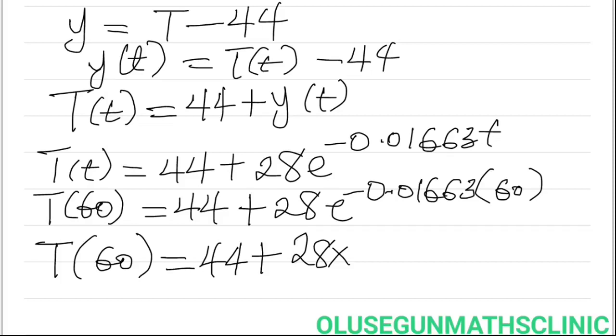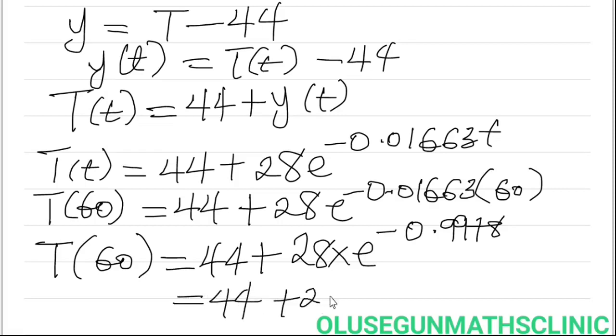Let's press the calculator to know what the value is before we proceed. 0.01663 times 60 gives 0.9978. So we have exponential minus 0.9978, which will be 44 plus 28 bracket.